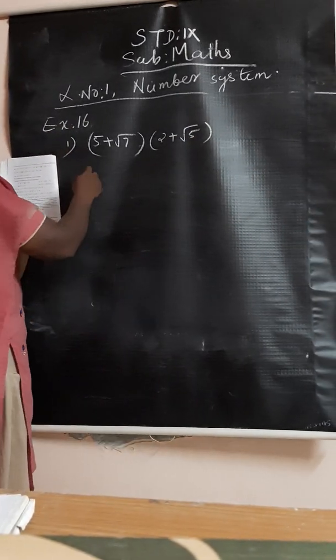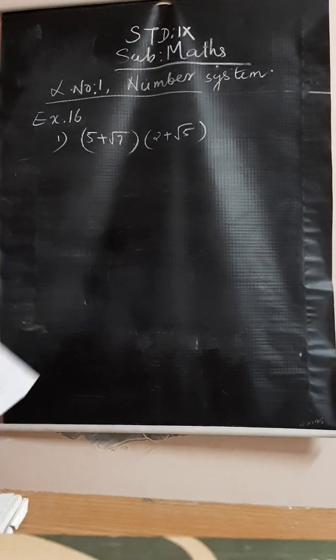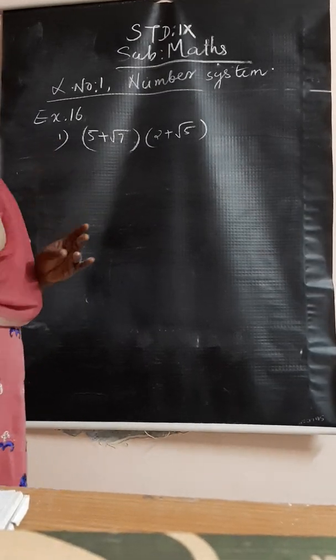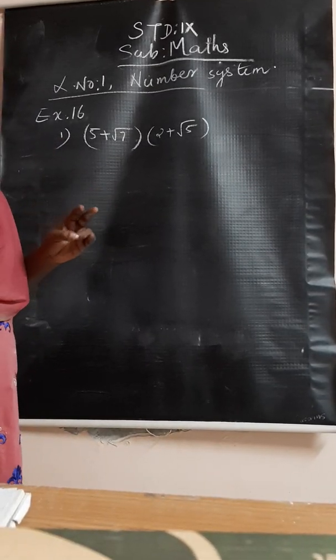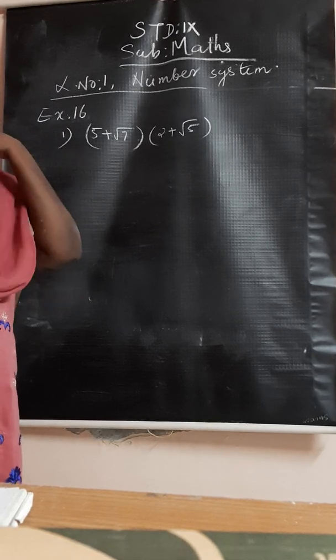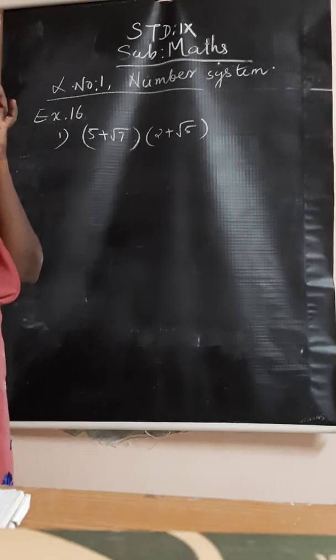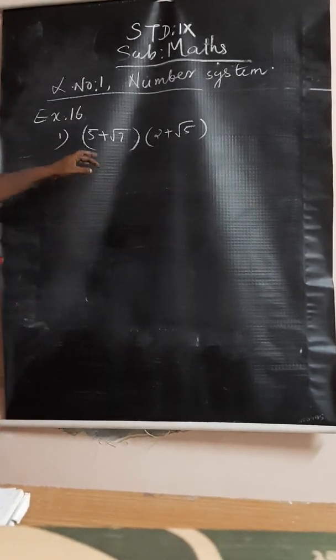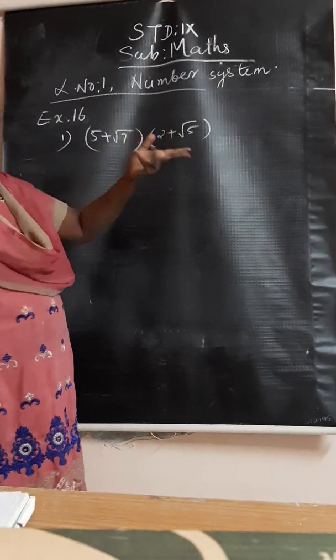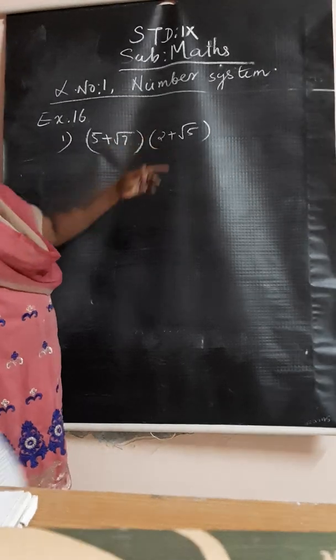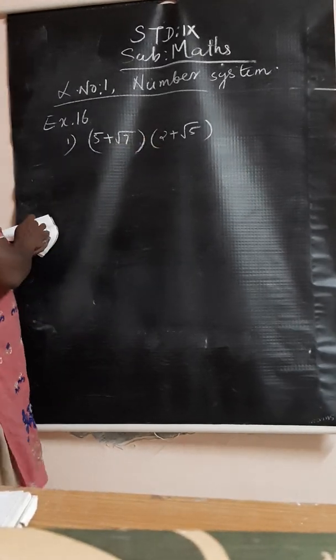Okay. So after getting a sum, you just think whether we can do this sum by the a plus b into a minus b form, or the a plus b the whole square form, or the a minus b the whole square form. Think about it. Here those 3 cases are not at all possible. So what will we do? We will open the bracket.